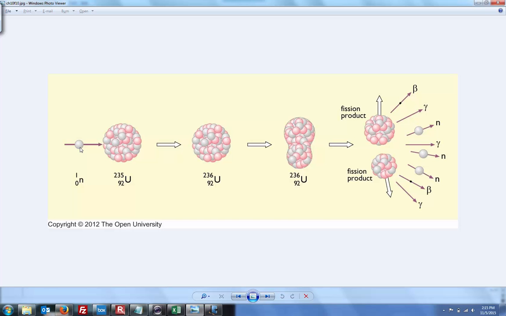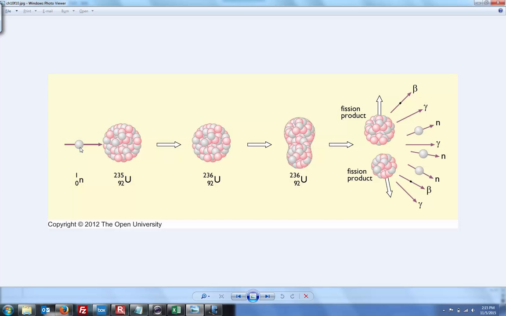Now, what's special about 235 versus 238? There are fewer neutrons, obviously. 238 has more neutrons. What are those neutrons doing? They're making that nucleus more stable. They're more or less shielding the protons from each other, allowing it to be more stable.